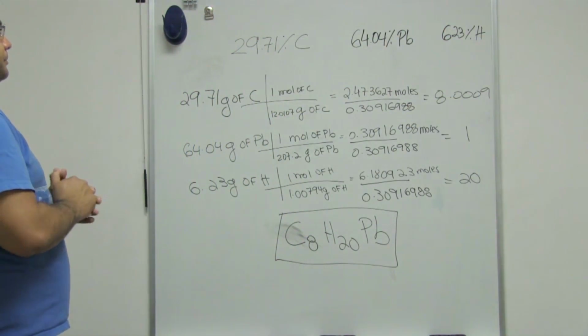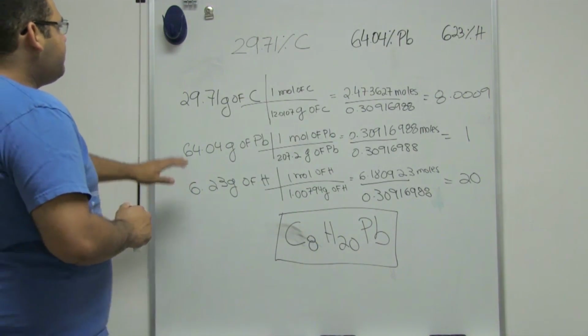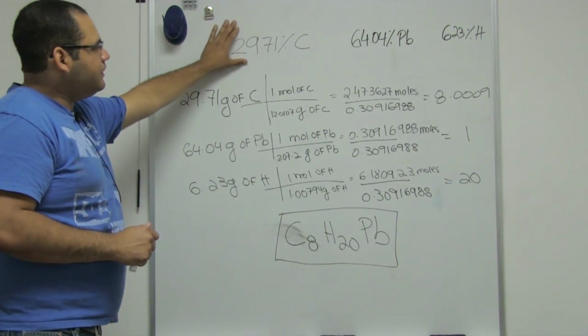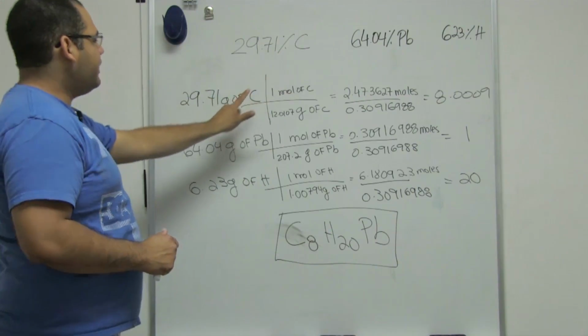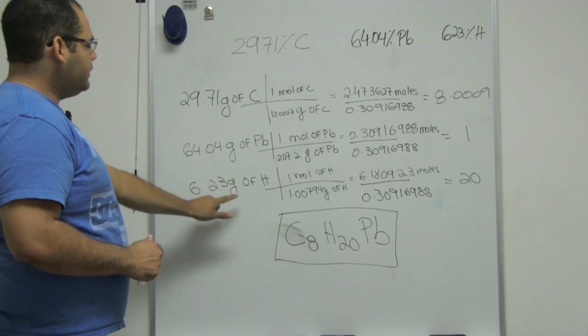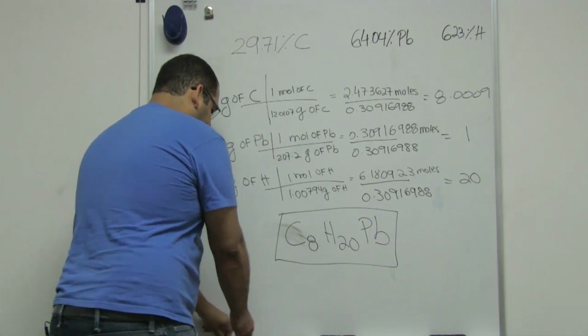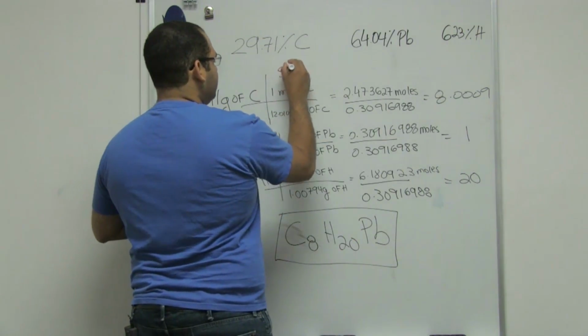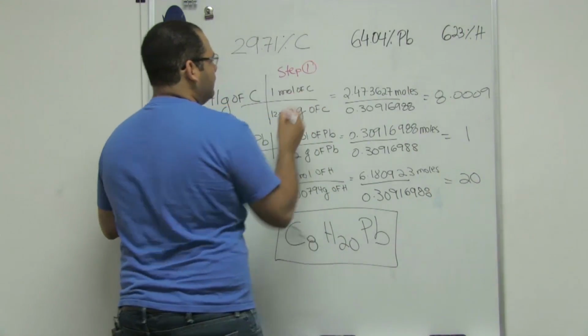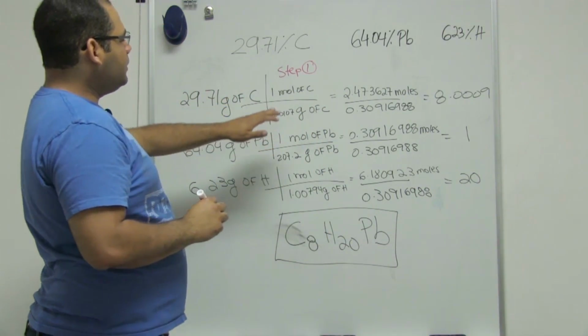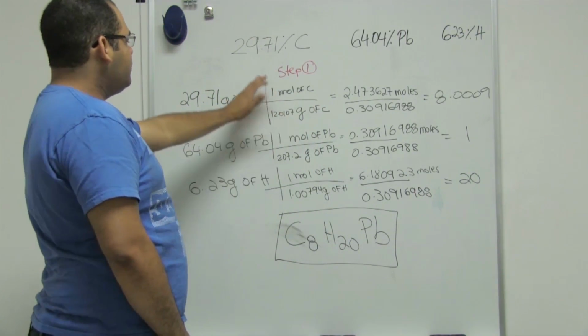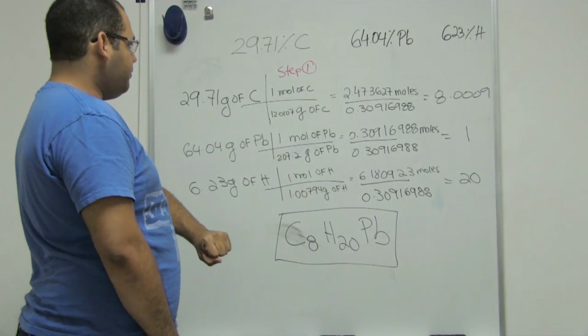Just a review. Again, if I have the percentages, I change the percentages to grams of each one of my elements. Then my next step, I call step 1, I find the moles of each one of the elements I'm working with.